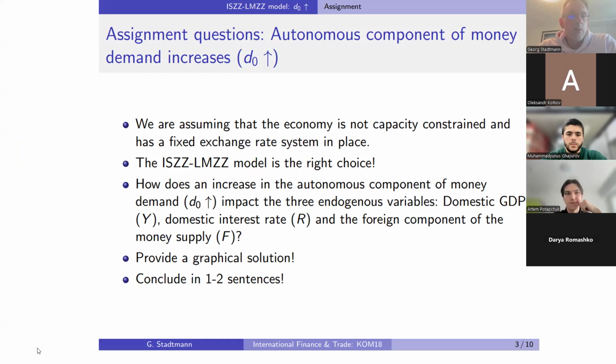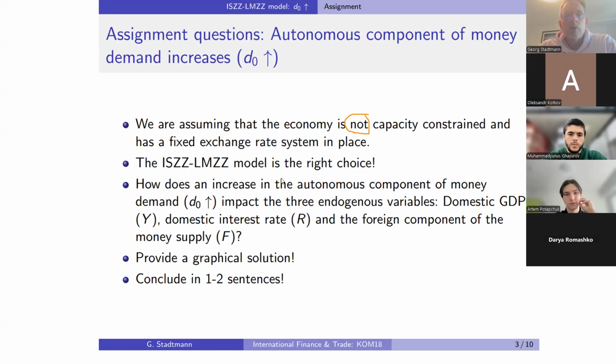We are assuming that the economy is not capacity constrained. So we are looking at a Keynesian model. Unemployment rate is pretty high, and we therefore opt for the ISZZ LMZZ model.